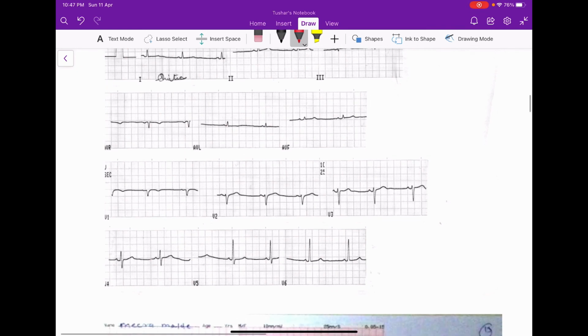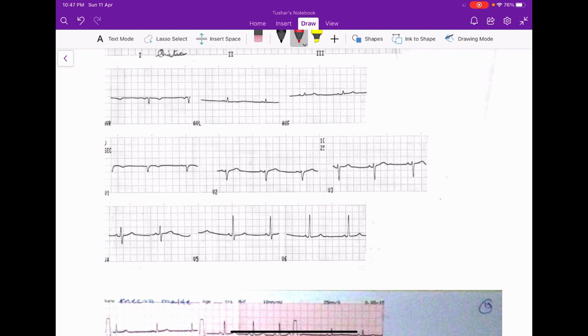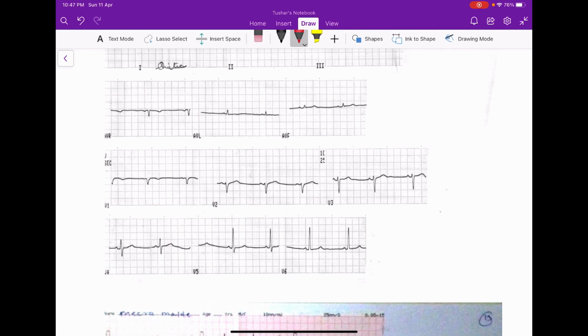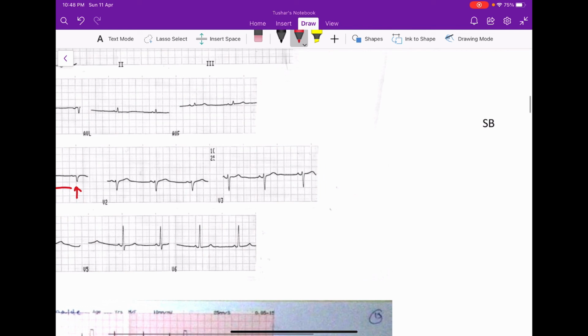Next, coming to the QRS complex, I can see that this QRS complex is almost falling at the border. So calculating from here to this QRS complex, I can see that there are more than 5 large boxes between the 2 QRS complexes. And if I calculate the small boxes, there are almost 28 small boxes.